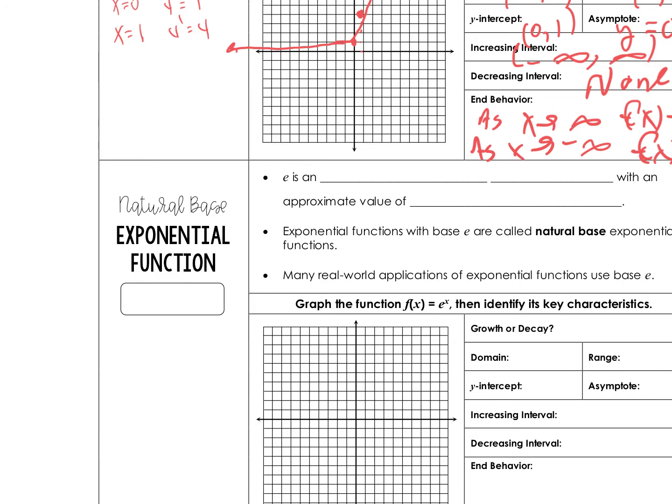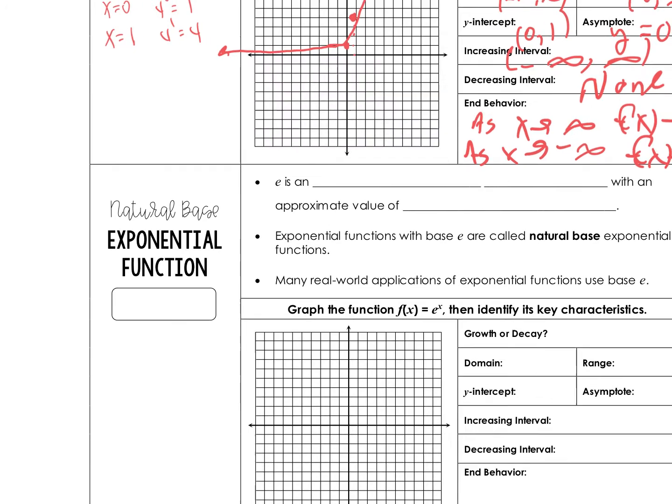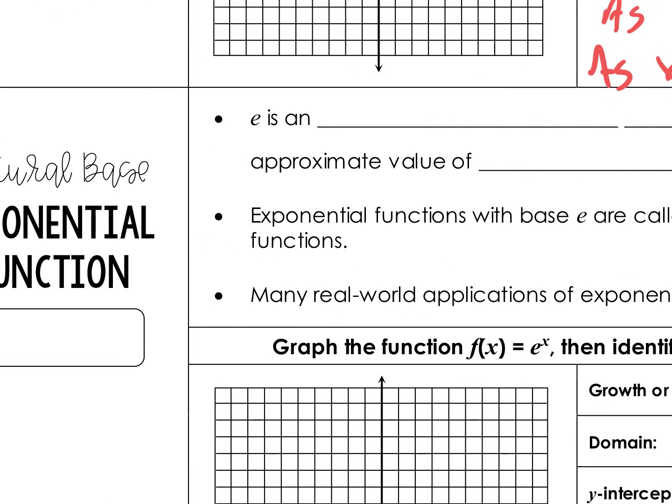All right, let's move on. Oops, didn't mean to do that. E. You've seen the number E before. E is an irrational number.